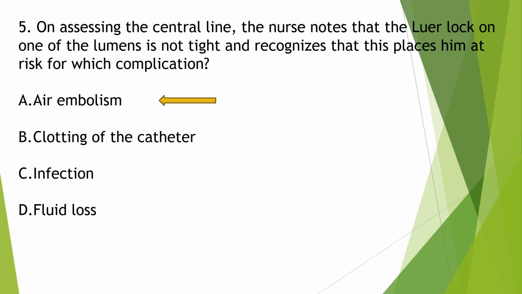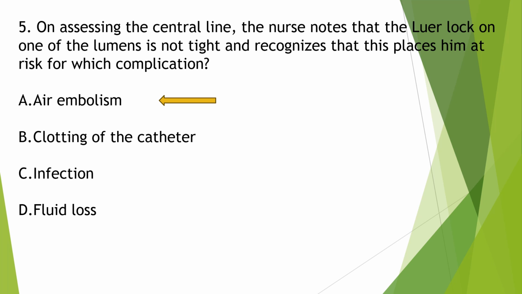And when we are removing the central venous catheter, at that time the patient should be in supine position. When inserting, the patient should be in Trendelenburg position with 10 to 30 degrees, and when the central venous catheter is being removed, the patient should be in supine position, and also the patient should be instructed to perform Valsalva's maneuver or exhale during the removal to prevent the introduction of air into the line.